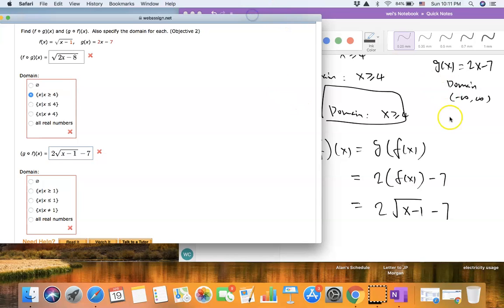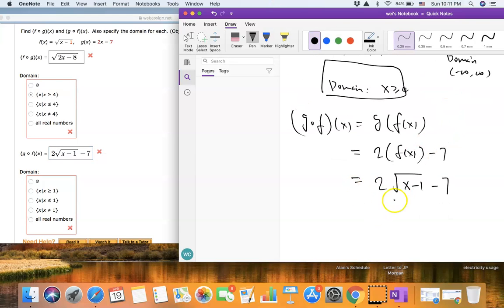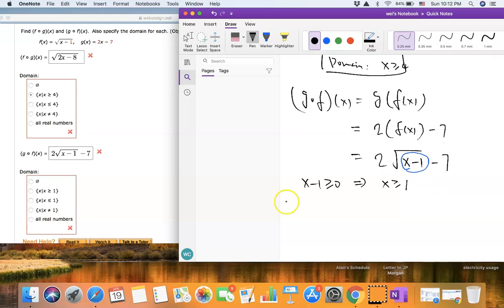Okay, now the domain of this function, so this time we want this piece, x minus 1, to be positive or equal to 0. So x is greater than or equal to 1. Okay.